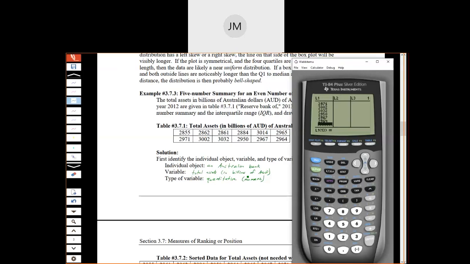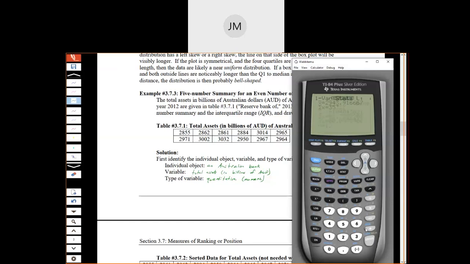Okay, so I have my 12 data points in. If I want to now compute things like the mean, median, mode, quartiles, all of that stuff, I go to Stat, go over to the Calculate menu. The first thing on here is one variable statistics. I hit Enter. My list is L1, so we're good to go.